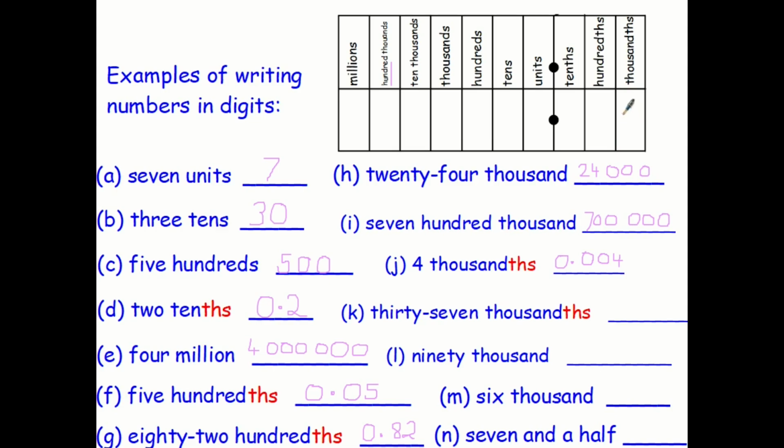So again, you can't do this, even though you might be tempted to. 37 thousandths is like this. 0.037.